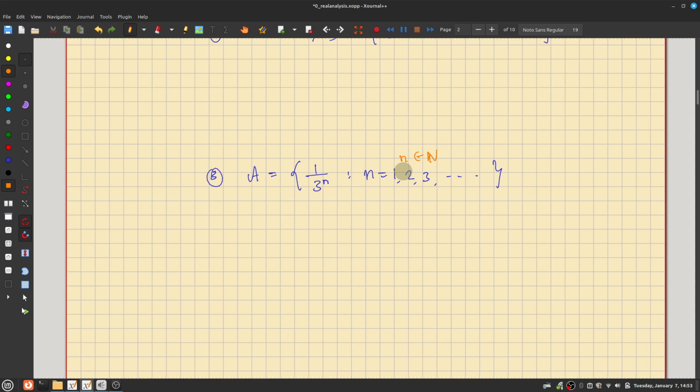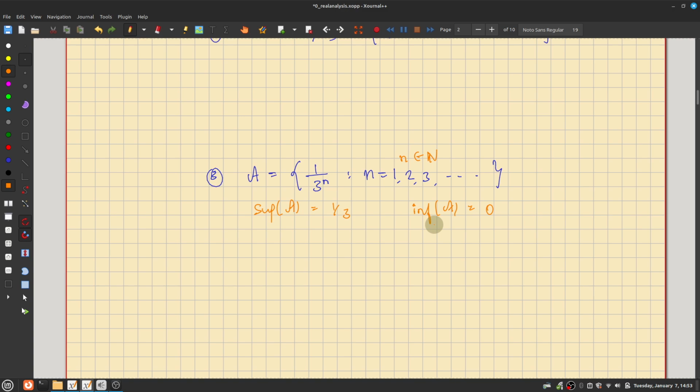For this, what is the supremum of A? The supremum of A is 1 by 3. What is the infimum of A? This is equal to 0. Do you see why that is? Because when n tends to infinity, it is going to be near 0.